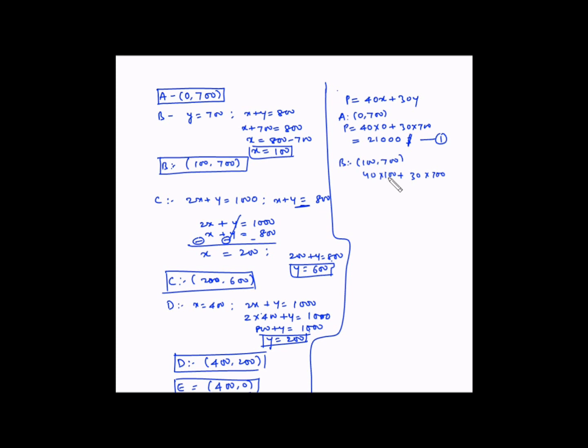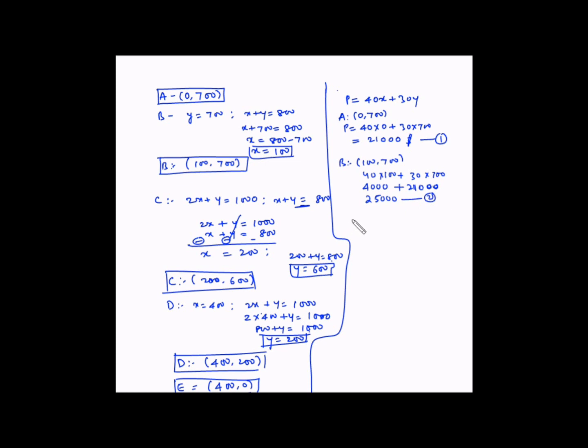So 40 multiplied by 100 becomes 4,000, plus 7 threes are 21 and 3 zeros. So this becomes 21,000 plus 4,000, which is 25,000. So let us say this is 2.